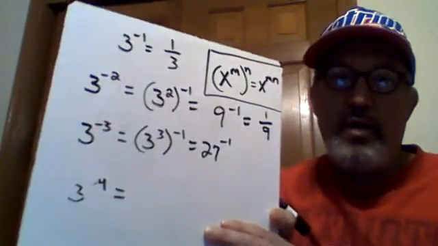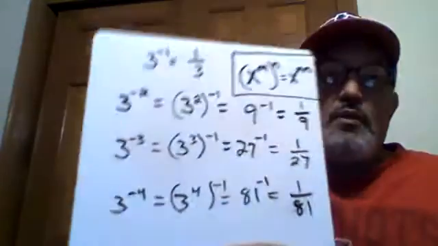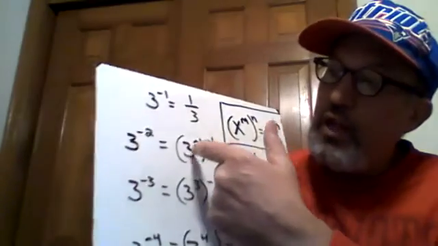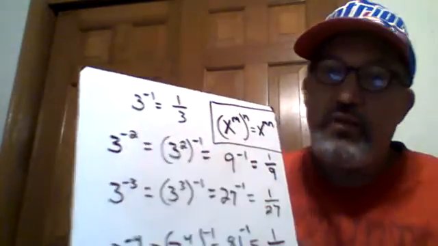So we have 27 to the -1 power, which is the reciprocal of 27, or 1/27. And 3 to the -4 can be thought of as 3 to the 4th raised to the -1 power, or 81 to the -1 power, or 1/81. So this pretty much covers how we raise a whole number to a negative integer power.